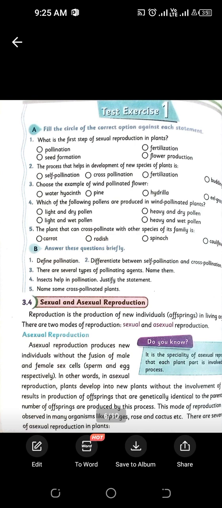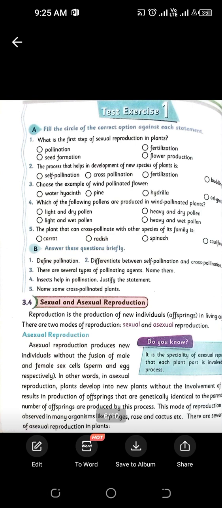The basic difference between these two modes of reproduction is the occurrence of fertilization. Now, what basically fertilization is: when an anther transfers to the stigma, that anther starts traveling into the style and then into the ovary.